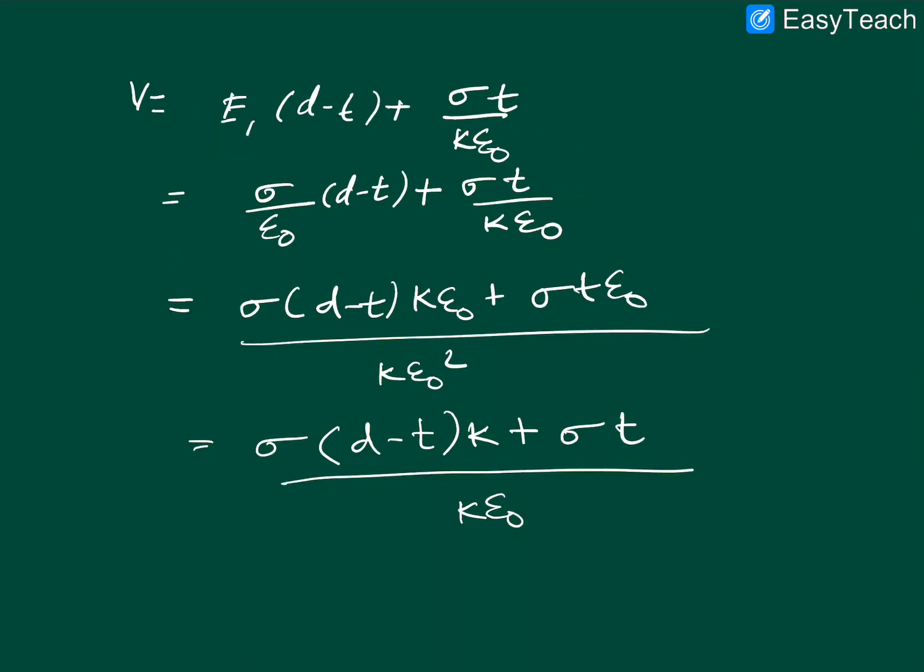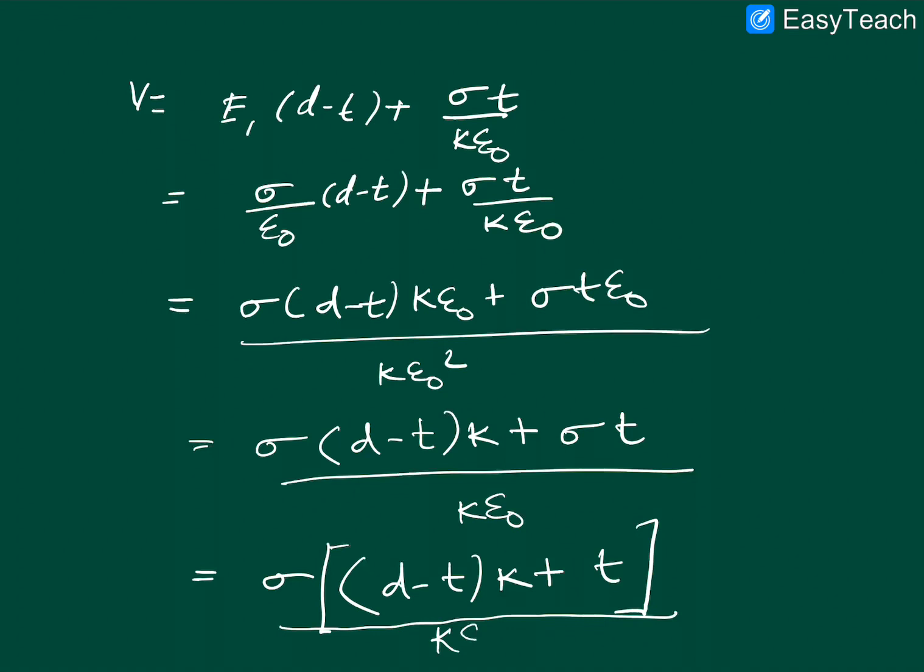Now you can take sigma common from the numerator, then what you will get? D minus T into K plus T, isn't it? If you take sigma common, you will get it in the numerator, and denominator will be K into epsilon 0, isn't it? Now we can do one thing.